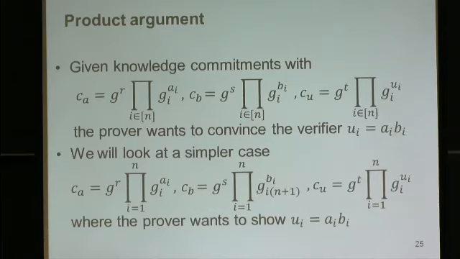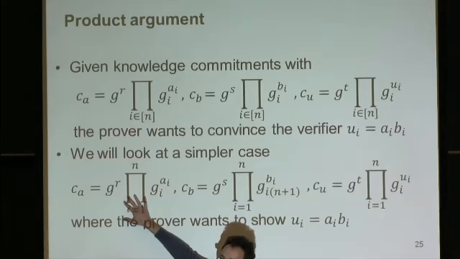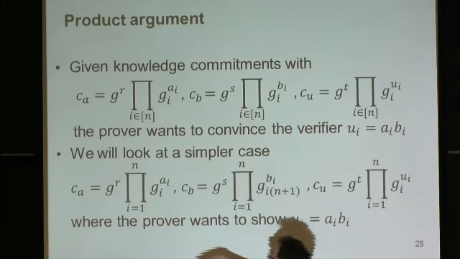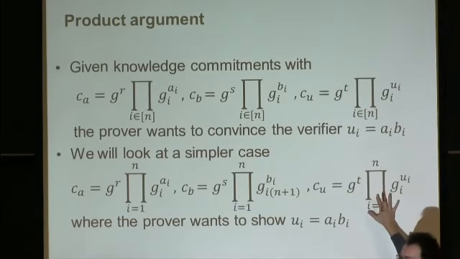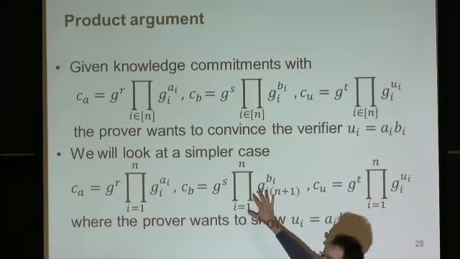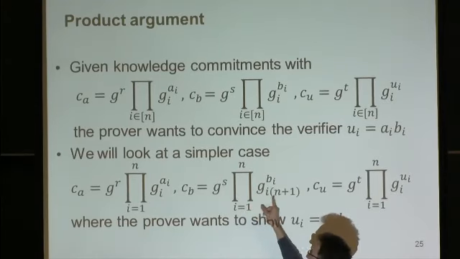So you can think of this as a commitment with respect to set S1, which is 1 through n. And this is a commitment with respect to S1. And this is a commitment with respect to S2, which was multiples of n plus 1.